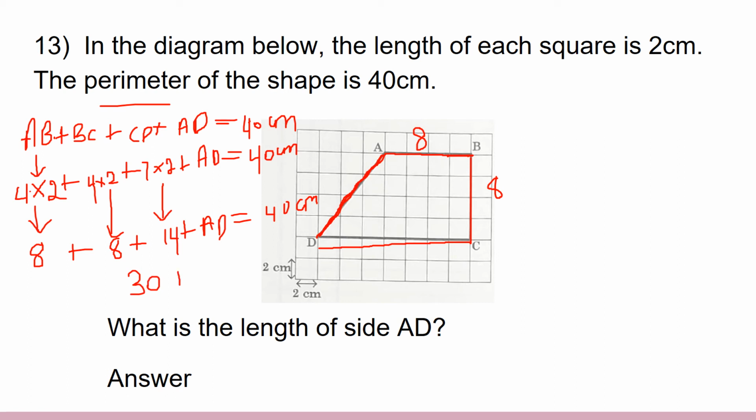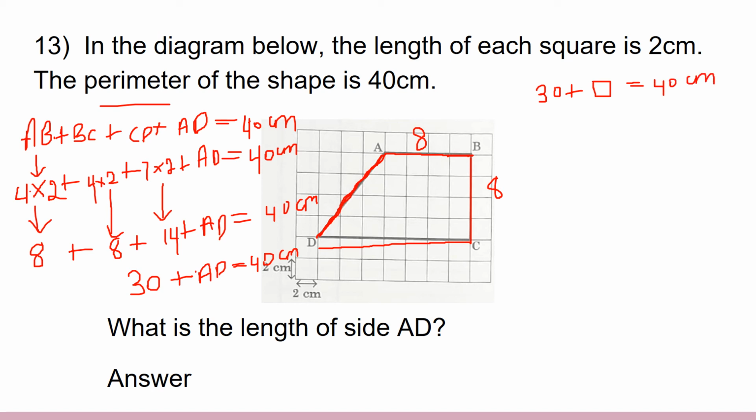So 30 plus the length of AD is going to give us 40 centimeters. So I'm going to write it on this side for lack of space. So in other words, 30 plus something is going to give me 40 centimeters.